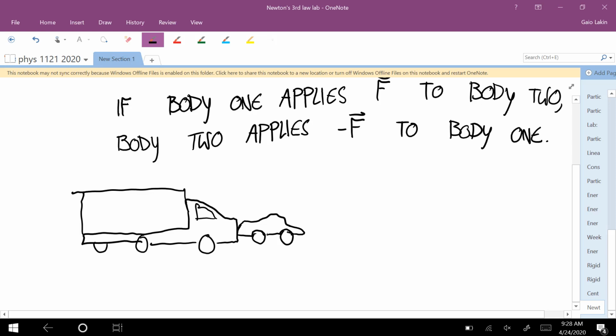It's hard to get used to the idea that they're each applying the same force to each other, because what happens in this collision is the truck keeps moving almost like it didn't notice there was a collision, and the car goes accelerating off.